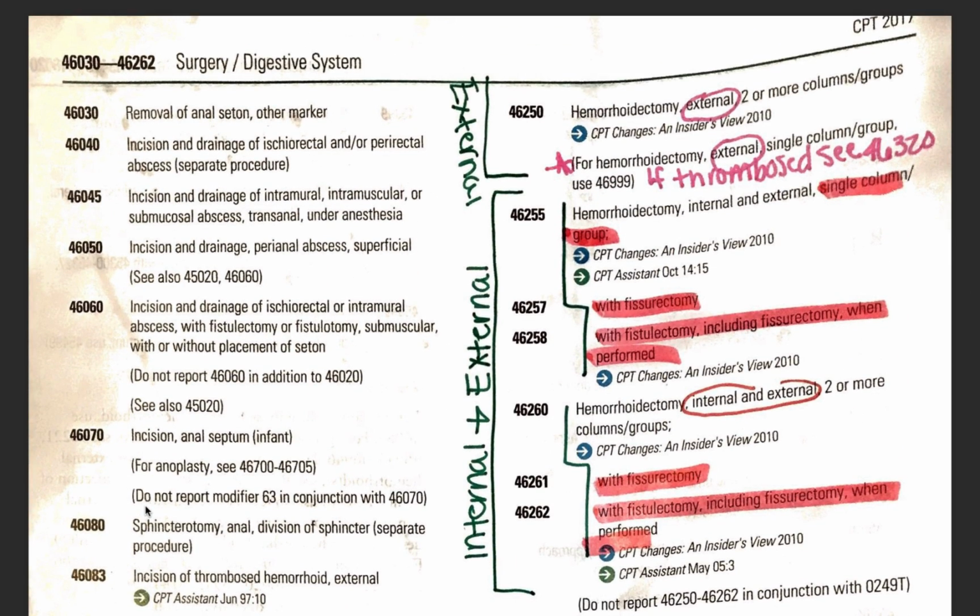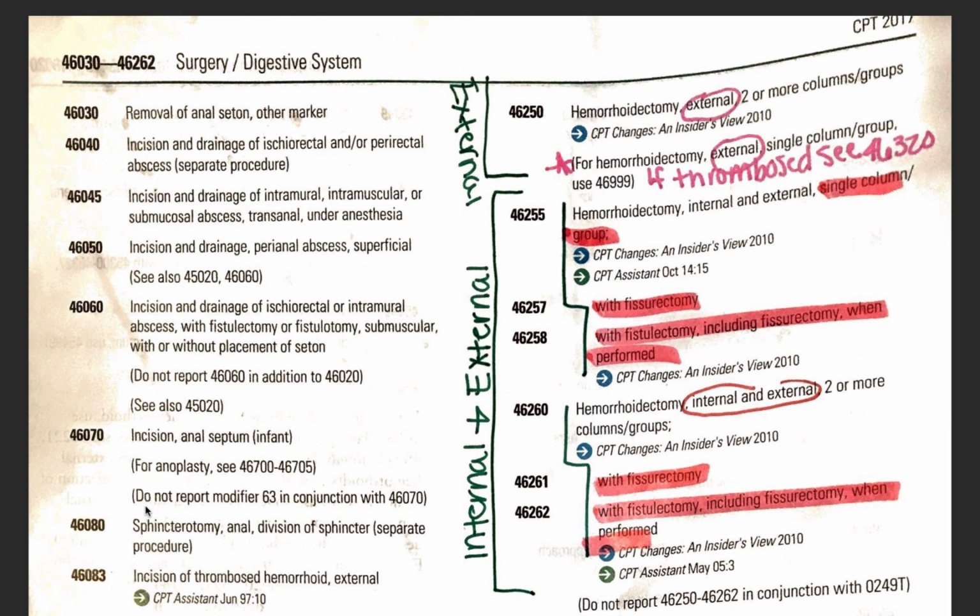For internal and external hemorrhoidectomies, I have bracketed that on this page from 46255 to 46262. 46255 is for a single column or group, and 46257 is a single column or group with a fissurectomy, so the excision of a fissure, and 46258 is with a fistulaectomy, including fissurectomy when performed.